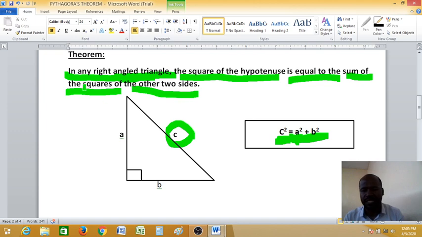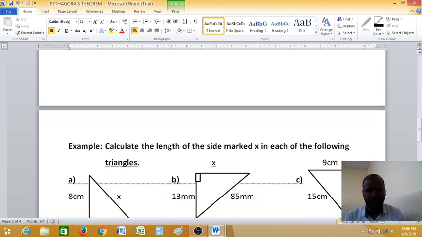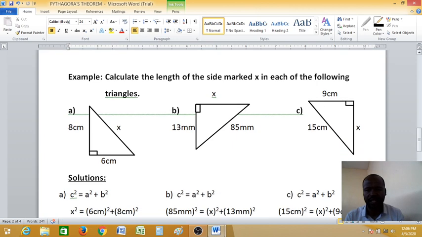So the theorem states that in any right-angled triangle, the square of the hypotenuse is equal to the sum of the squares of the other two sides. That means c square, where c is the hypotenuse, is equal to a square, where a is one of the legs, plus b square, where b is the other leg of this given right-angled triangle.